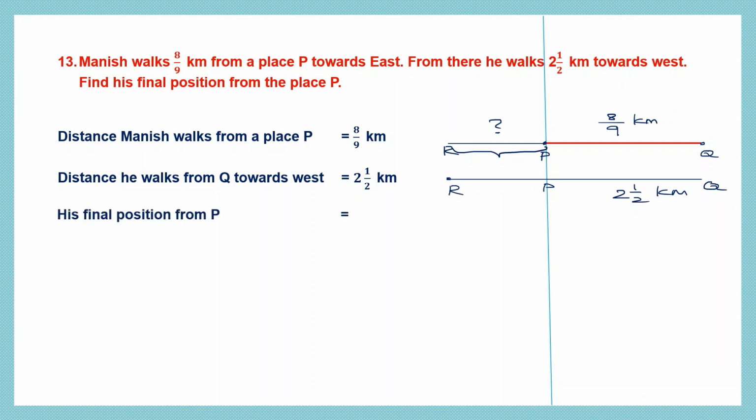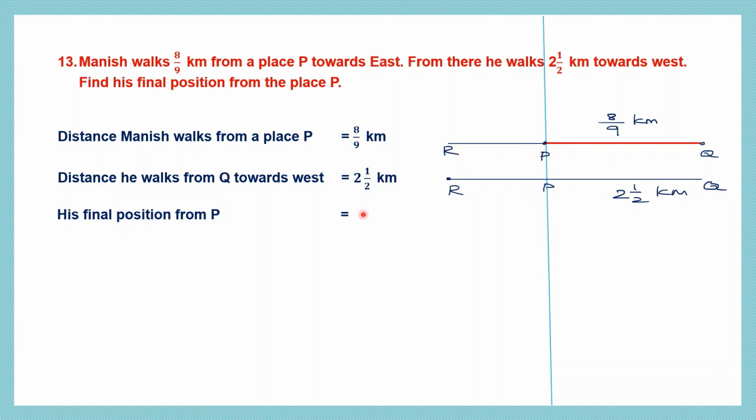So his final position from P, how do we find it? Now if we take this whole thing, 2.5 kilometers, and subtract only this part, which is 8 by 9 kilometers, we will get this, isn't it? Take this whole thing and remove this much, you will get only this part.